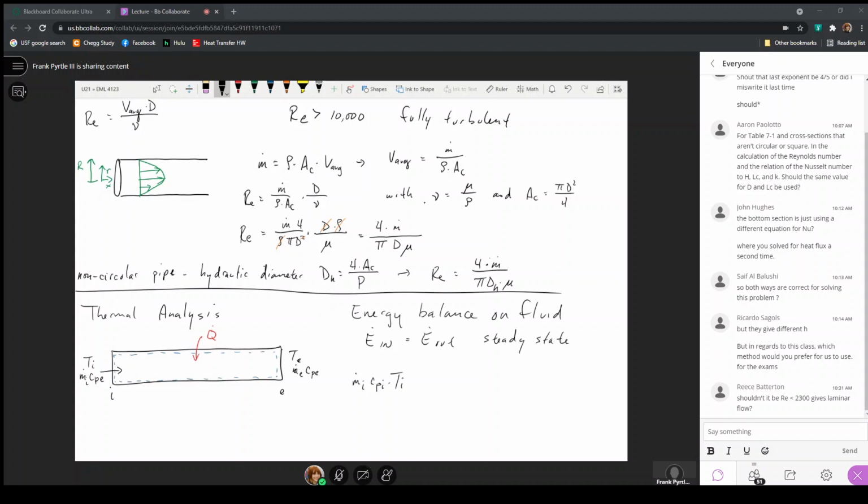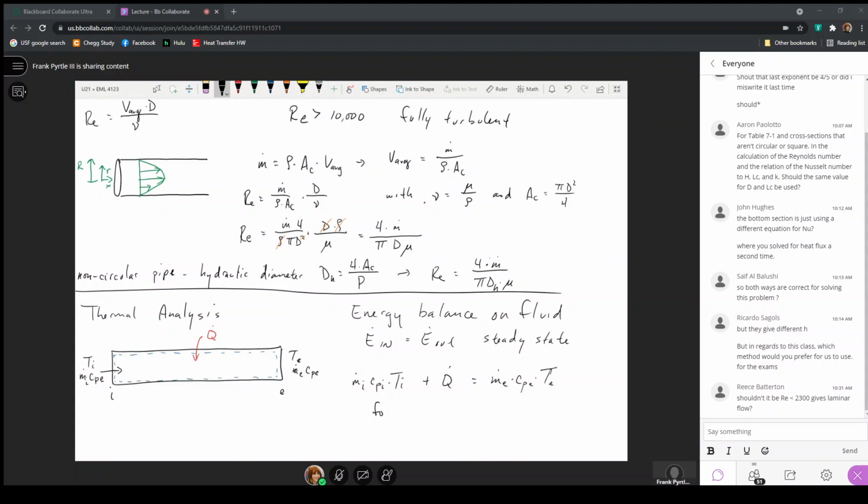That tells me the amount of energy is some kilojoules per second, plus the heat transfer rate into the fluid from the surface must be equal to the mass flow rate at the exit times the specific heat at the exit times the temperature at the exit.